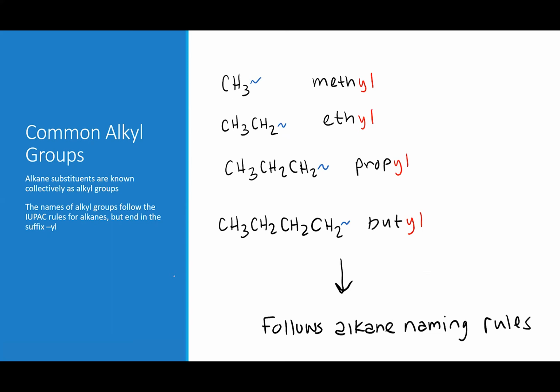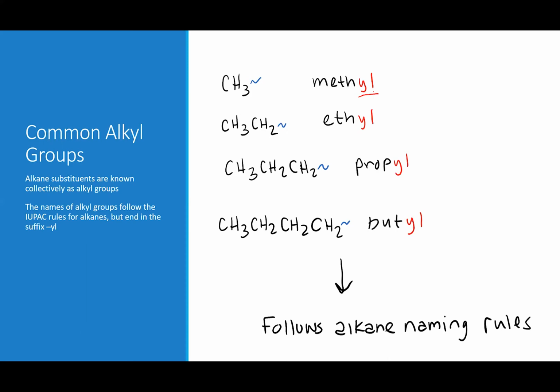It's going to be the size of that group, using our table from before, where 1 is meth, 2 is eth, 3 is prop, 4 is but, etc., pent, hex. But the ending in this case for a side group is going to use this YL ending.